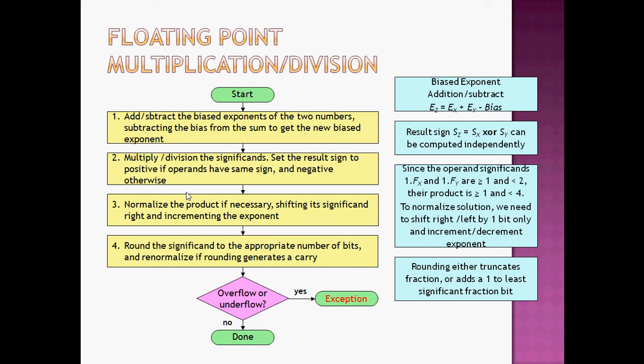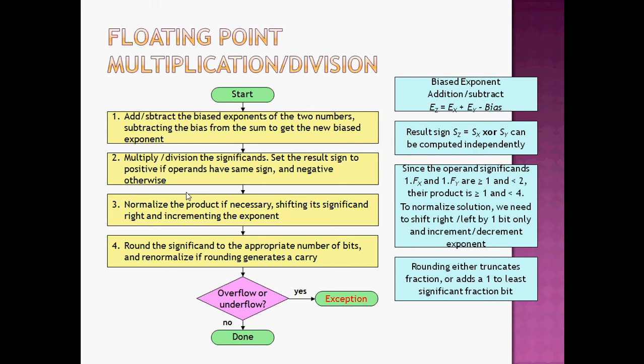Normalize the product if necessary, shifting its significand right and incrementing the exponent. Round the significand to the appropriate number of bits and renormalize if rounding generates a carry. Again, we have to check whether the output gives an overflow or underflow. Yes is an exception. Now we get the output.